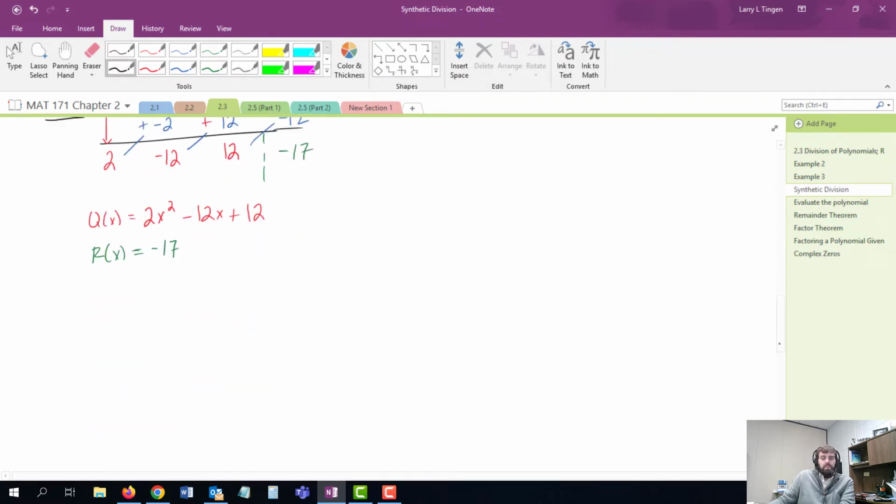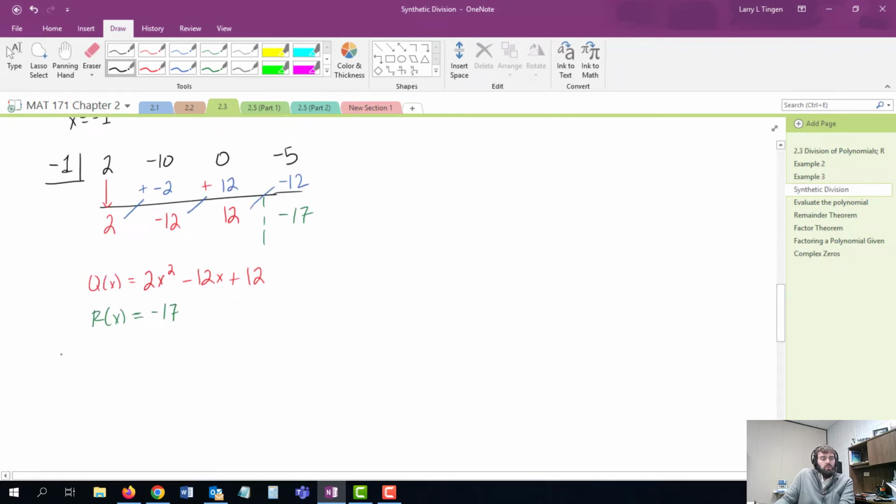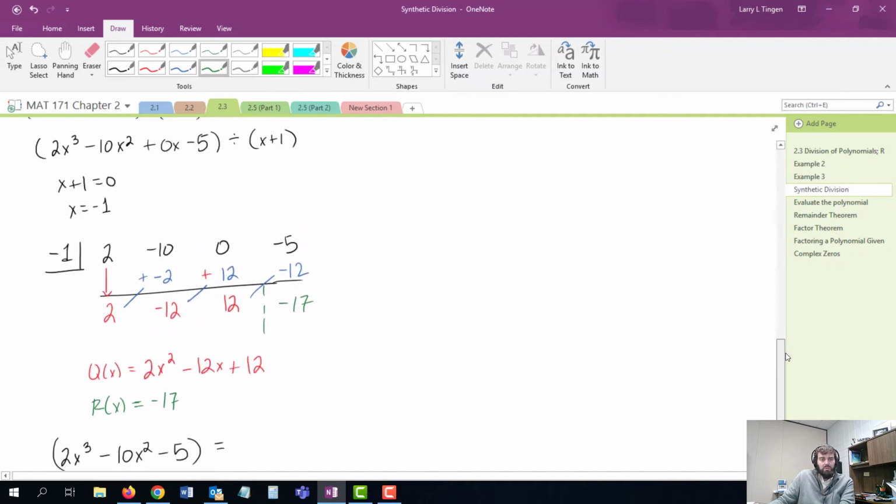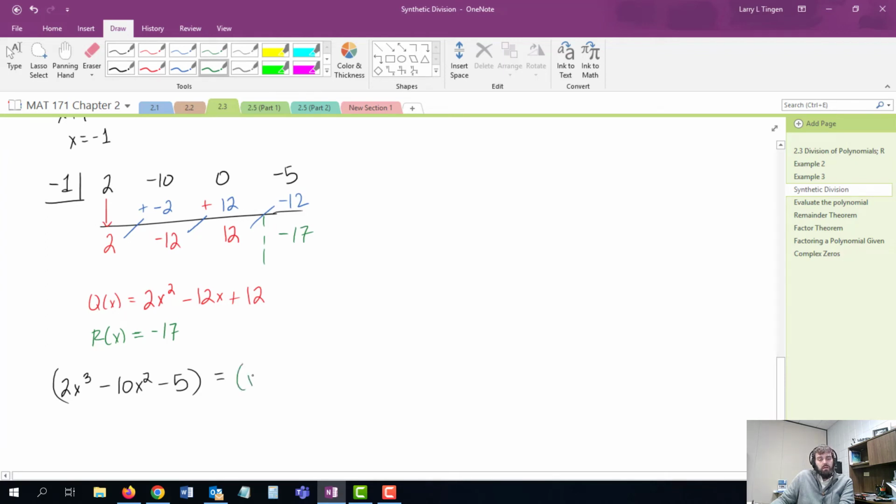So that means that the original problem, 2x cubed minus 10x squared minus 5, is equal to the divisor, which was x plus 1, times the quotient, 2x squared minus 12x plus 12 plus the remainder of negative 17, which just becomes minus 17.